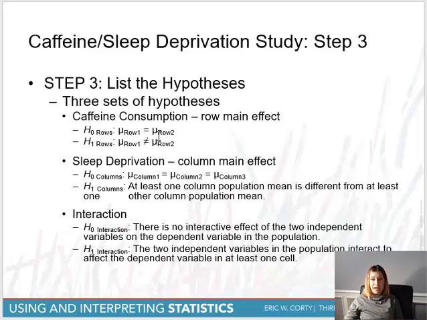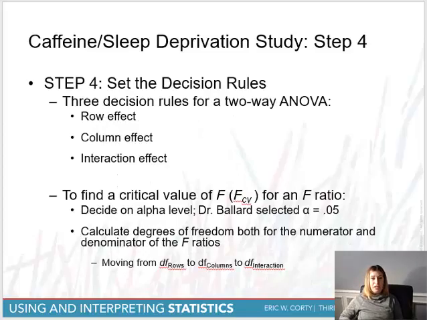So the effect of our caffeine, null and alternative; the effect of our sleep deprivation, null and alternative; and then the effect of the interaction. Okay? So just like that, we have to find our decision rule.